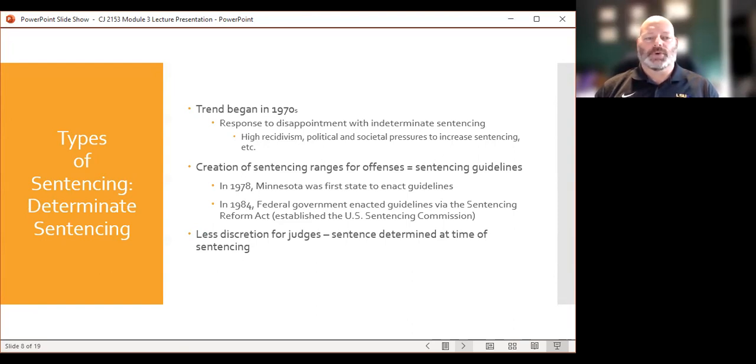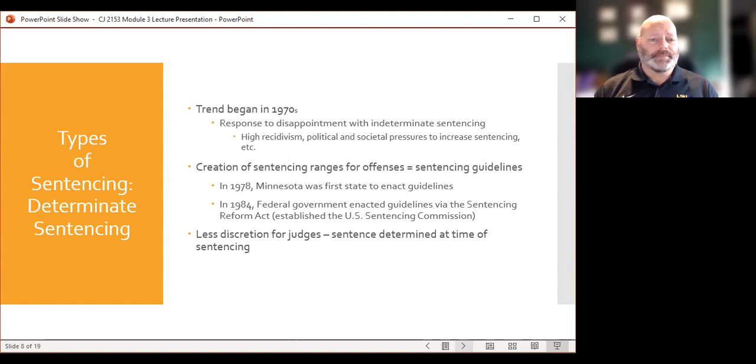What you had as a result of indeterminate sentencing was often high recidivism, and political and societal pressures to increase sentencing that all led to this transition, this trend to determinate sentencing. This type of sentencing led to creation of sentencing ranges for offenses, or what we know as sentencing guidelines.